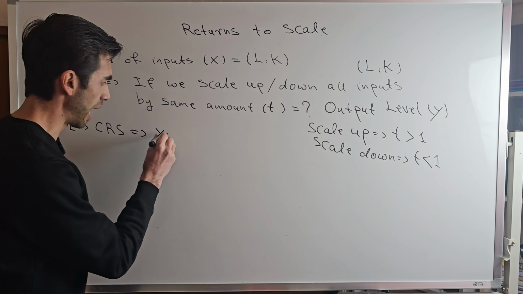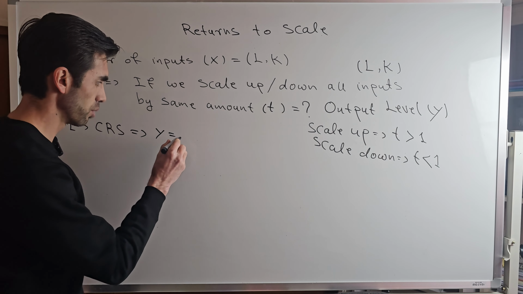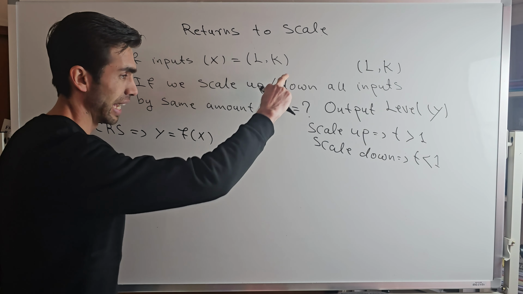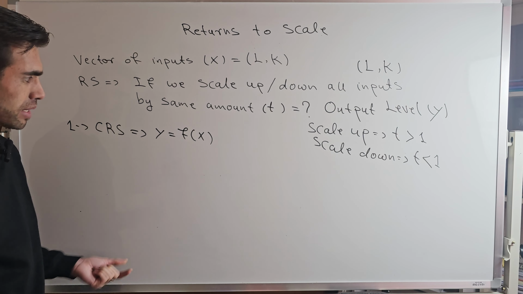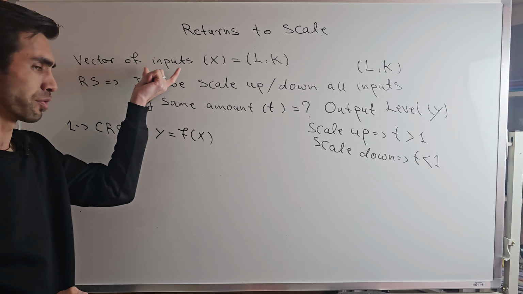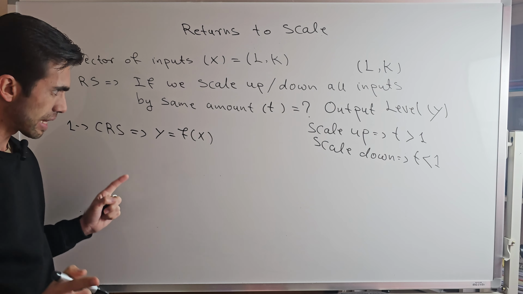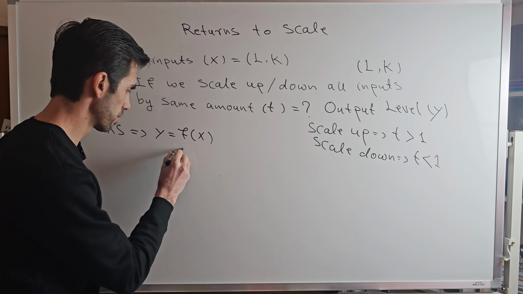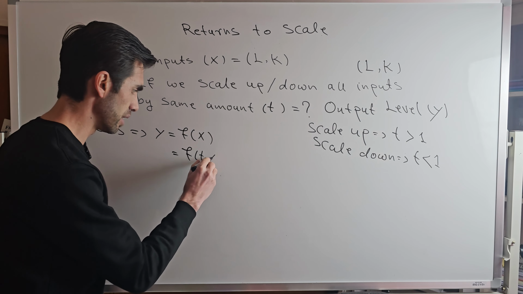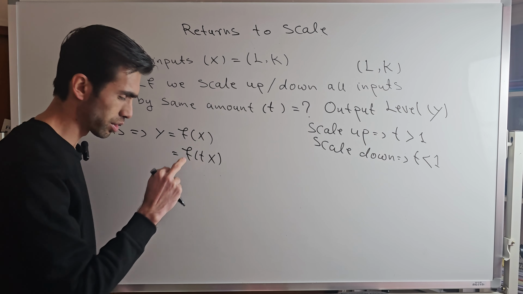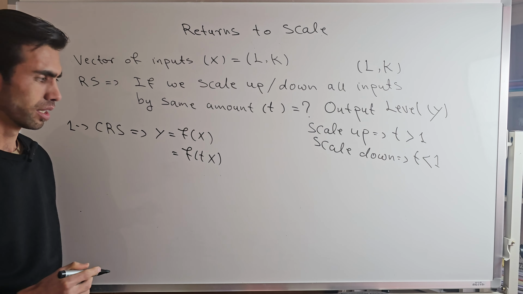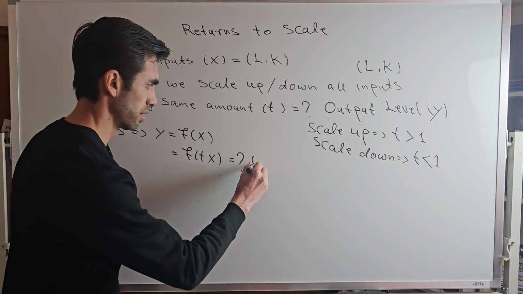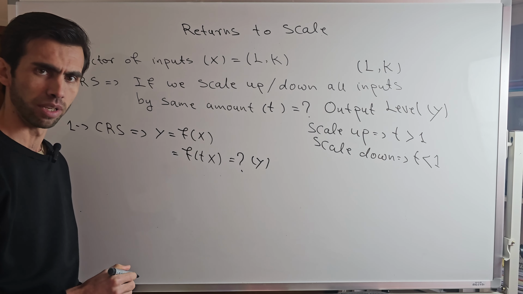It means that if we have a production function, y equals f of x, where again x is L and K, but for simplicity we just write x as a vector, and we scale up or down all the inputs by an amount of t, what will happen to the output level?